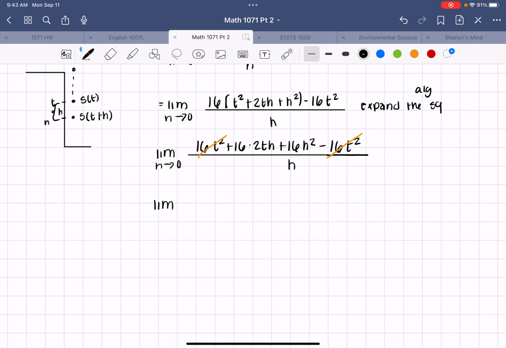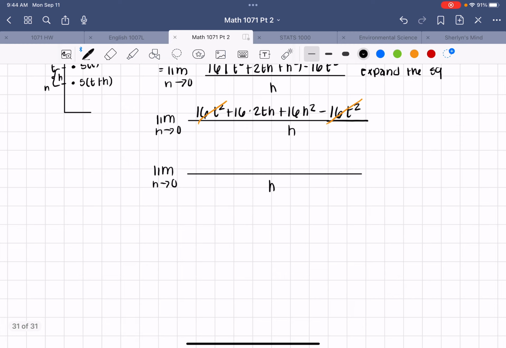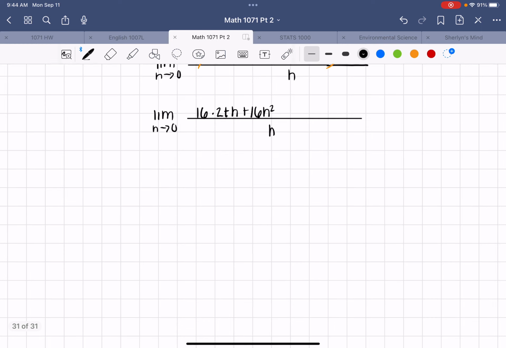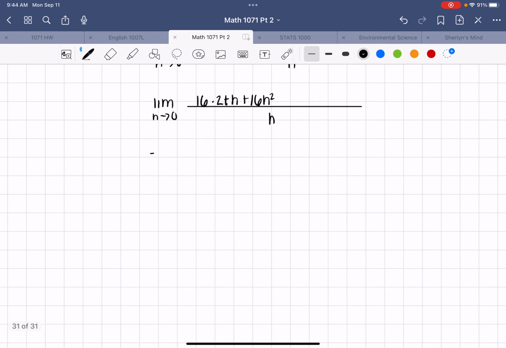Now I can cancel the h's because h is not 0. It's tiny, but it's still a little positive number, so it's legal. So this becomes the limit as h approaches 0 of 16 times 2t plus 16h. Now you can plug 0 in for h, because you don't have division anymore. So that becomes 0, and this here is 16 times 2t, or 32t.